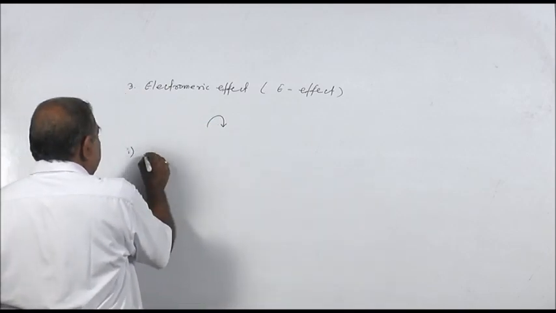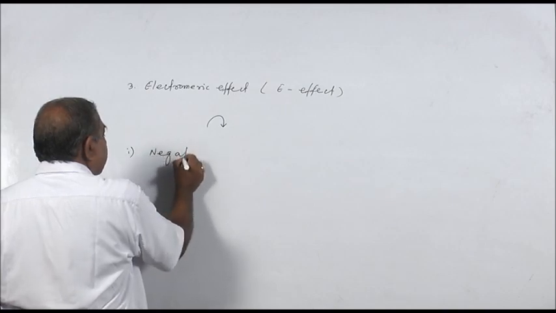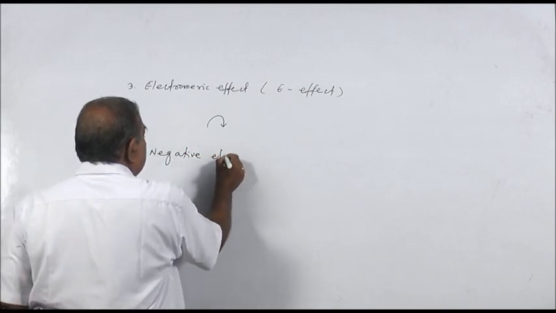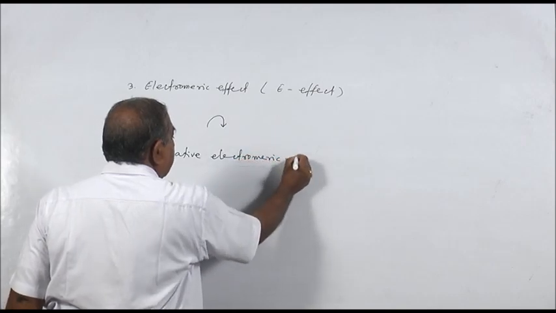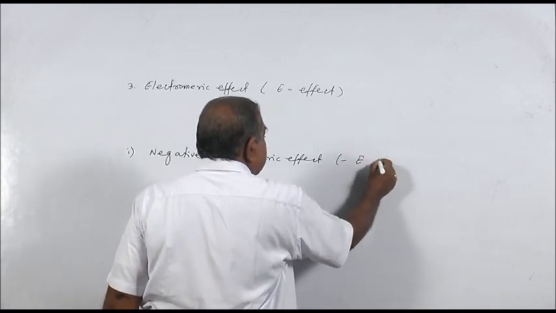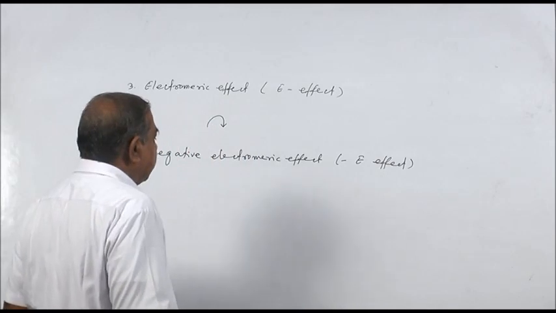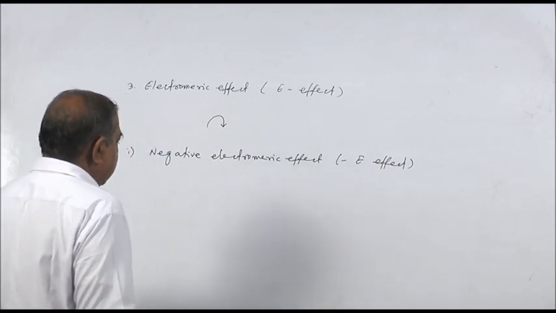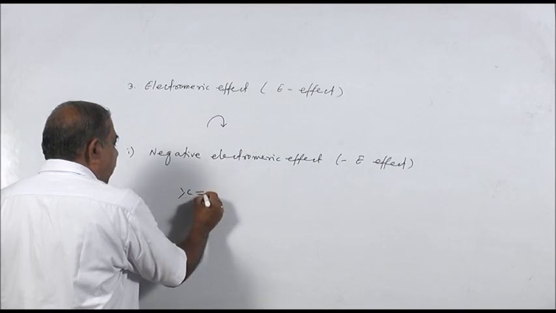It is again two types, negative electromagnetic effect or minus E effect. Here, in presence of a charged particle, the electron is shifted from the pi bond away from it.